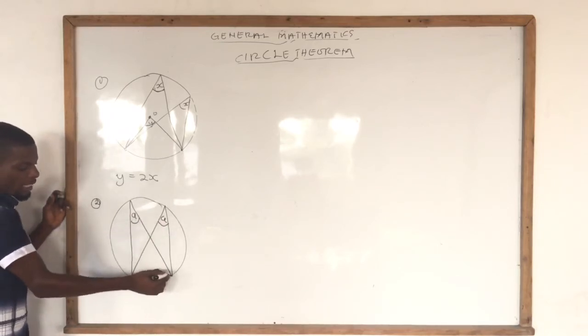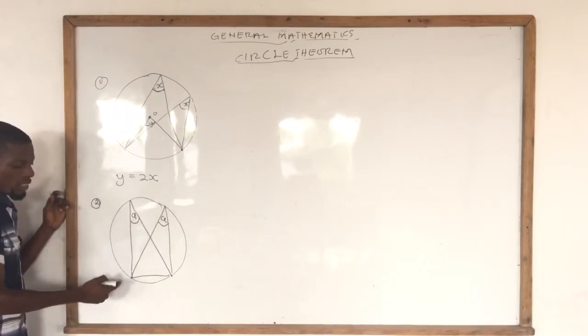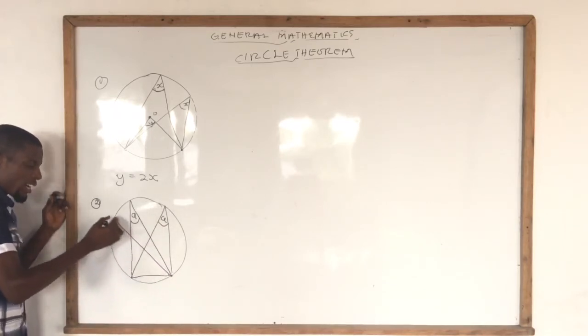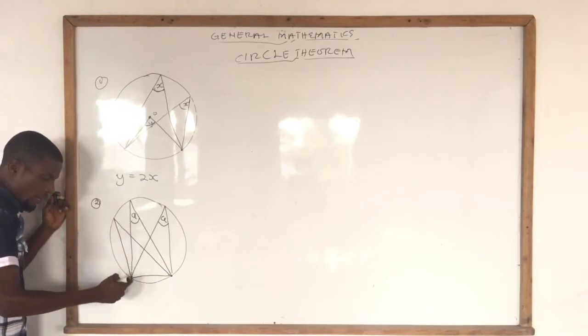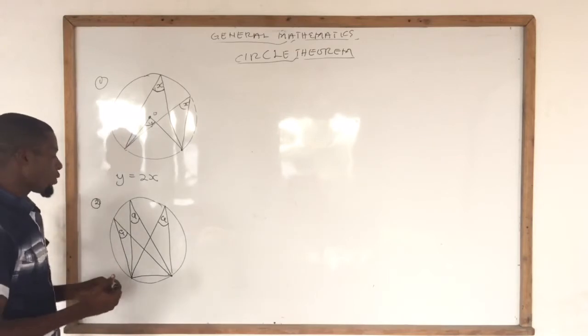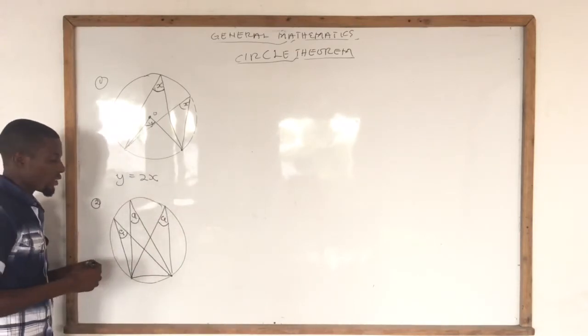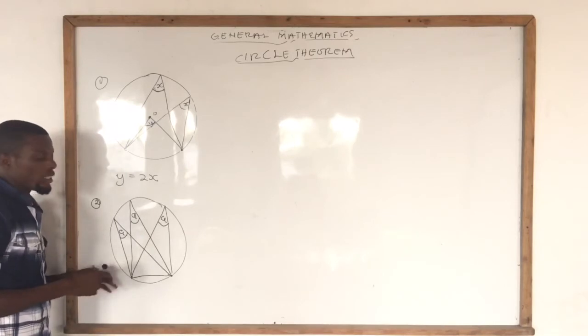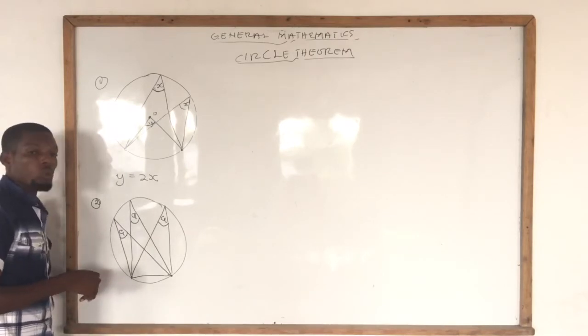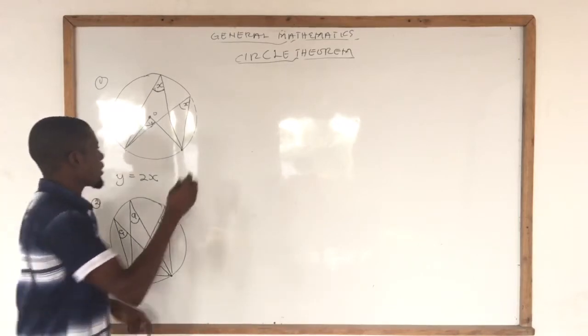Once they are all from the same chord, then whatever angle is here is equal to whatever angle is here. You can even have another one. You can have 10 of them. Once they are all coming from the same chord and touching the circumference, then they are all equal. Okay? Alright, so let's go to the third one.